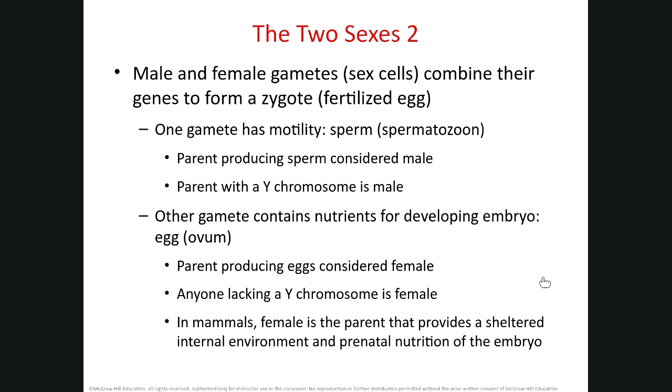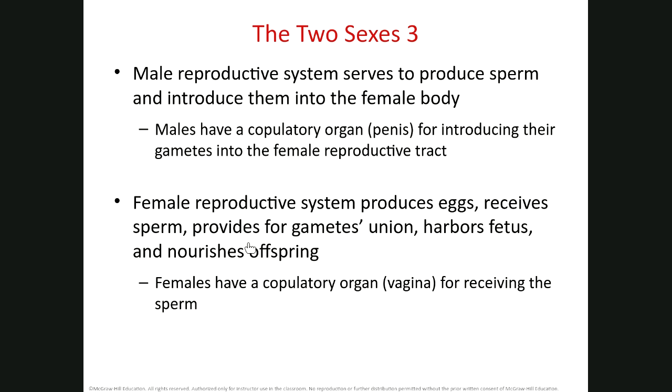Now, the male reproductive system serves to produce sperm and introduce that into the female body. And the female would then receive it. And the female who produces the eggs will be responsible for uniting the two. The female reproductive system will also be responsible for nurturing the fertilized egg in the uterus.